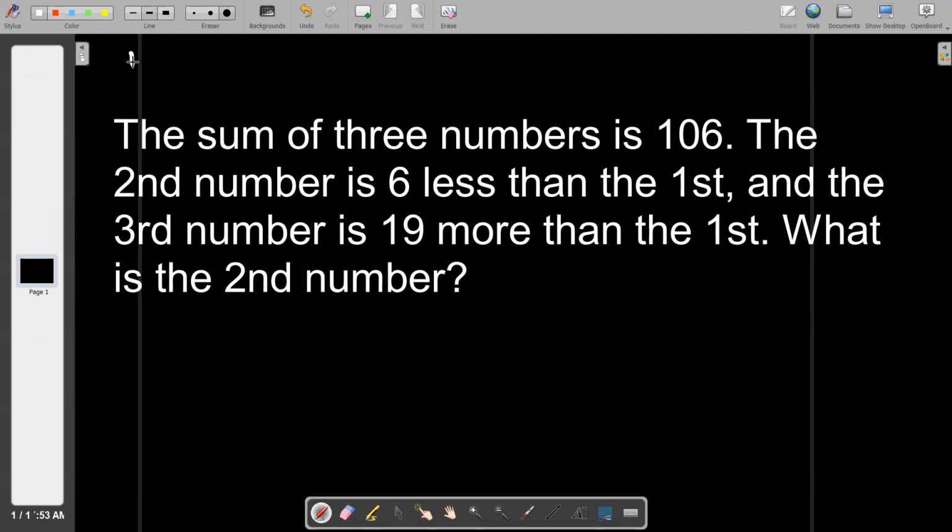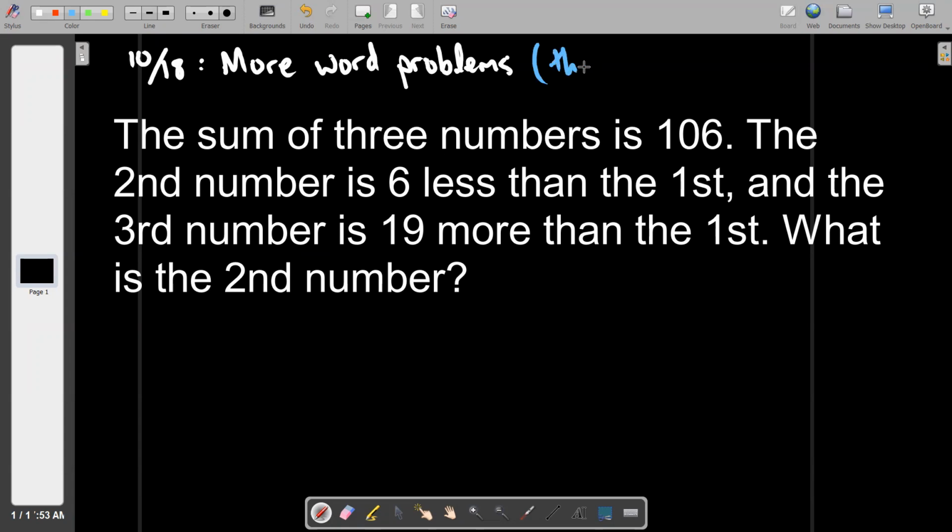Today is the 18th, and we can call this more word problems. And the key to today is that there are 3 unknowns.